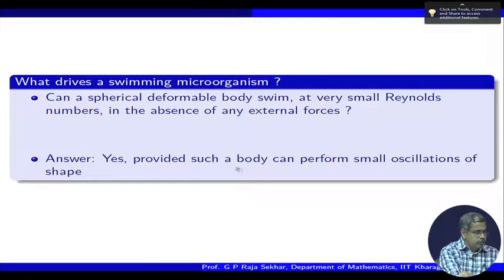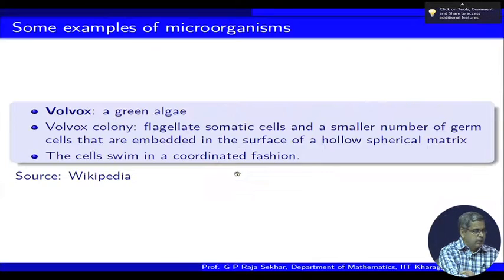So, this is the answer, if it can perform small oscillations. Let us see some examples. A typical example is called Volvox. It is a green algae, and they grow in colonies.